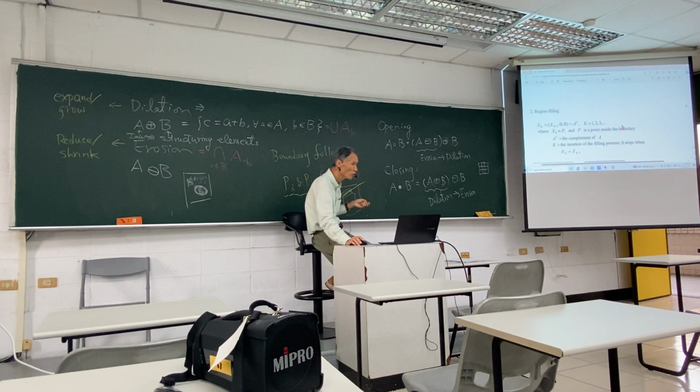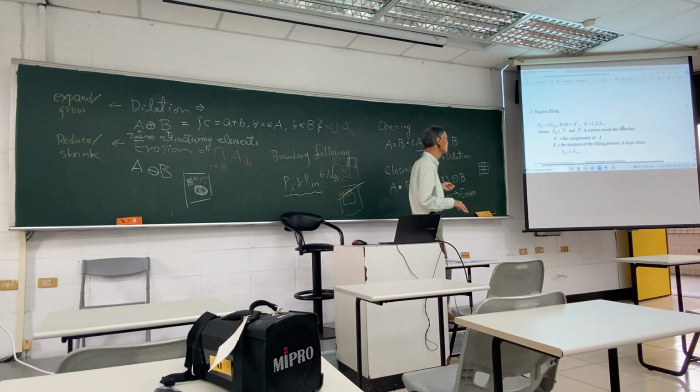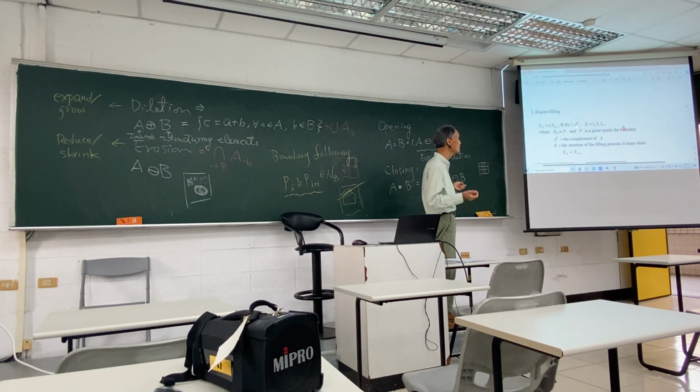It can also apply to region filling. Let's just stop here today. The rest needs some iteration: starting from the original, we do the erosion, then take the intersection with A complement. What is the complement of A?